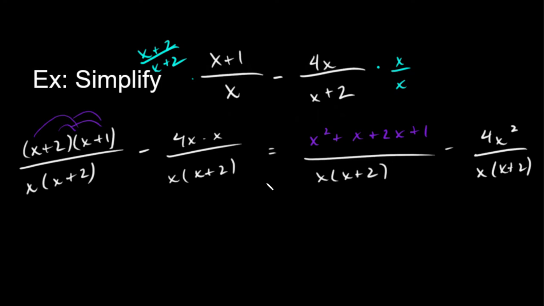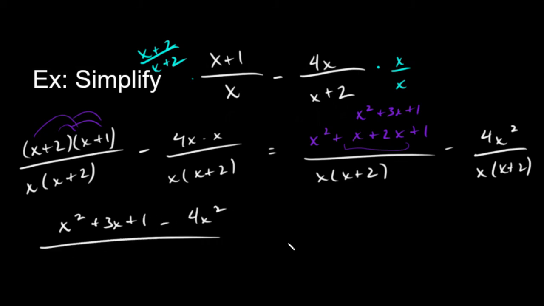Doing okay so far. And now we want to combine and then subtract. So this is actually x squared plus 3x plus 1 because these two combine. And then we're going to subtract this. So you've got x squared plus 3x plus 1 minus 4x squared all over x times x plus 2.